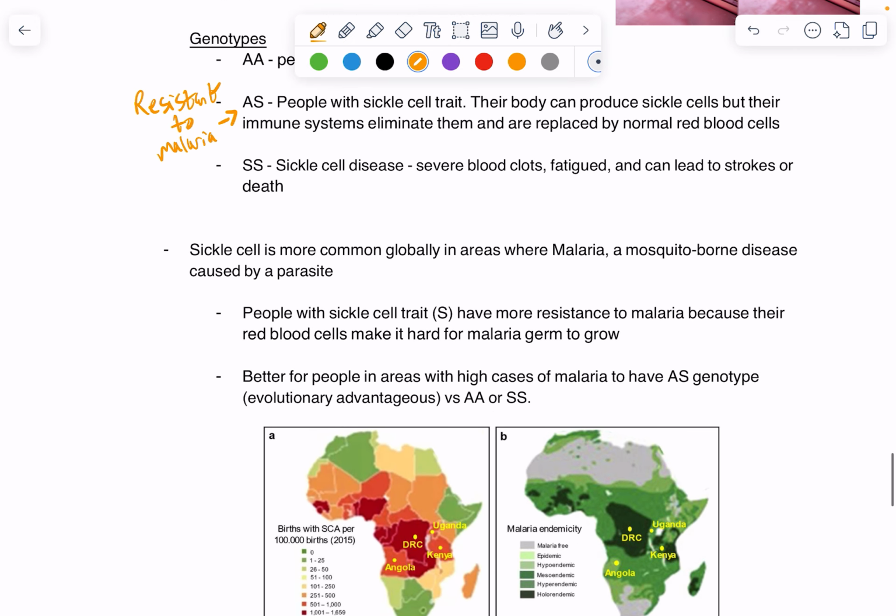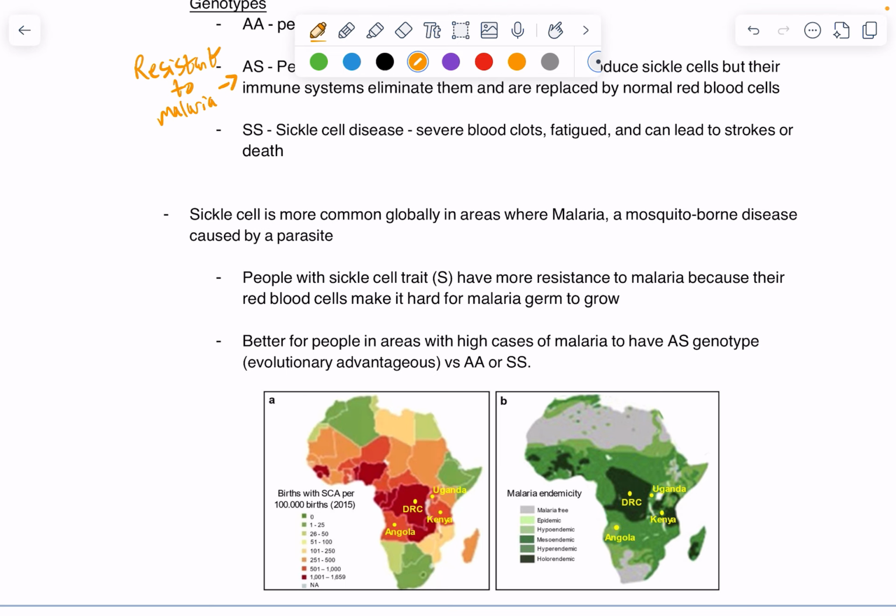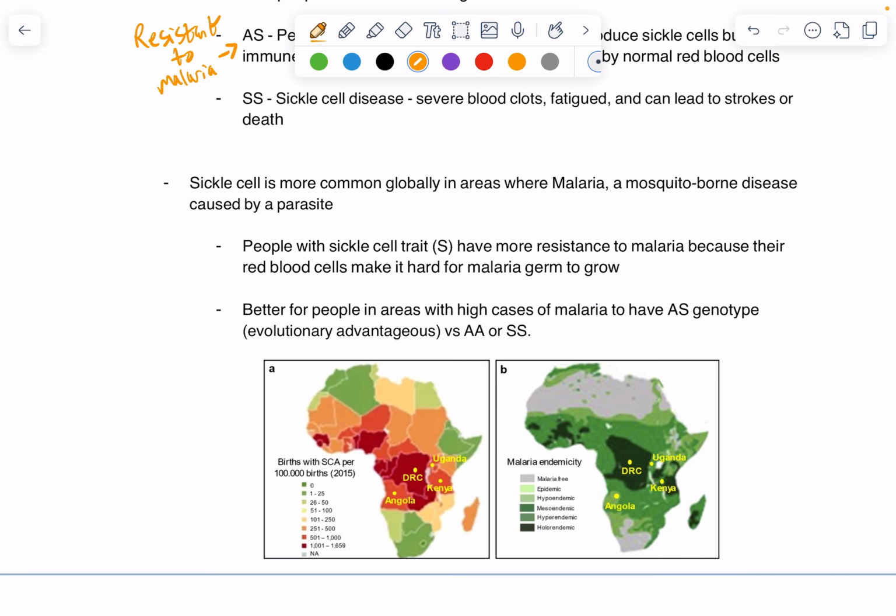Sickle cell is more common globally in areas where malaria is more common, not just in Africa, but in parts of Eastern Asia as well. This is kind of going into genetics, but it's also leading us into evolution, as whoever is more likely to survive and reproduce, over time you'd start to see that trait show up more and more frequently in the population. People with the sickle cell trait have a better resistance to malaria in those areas.